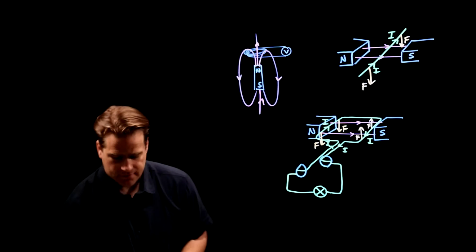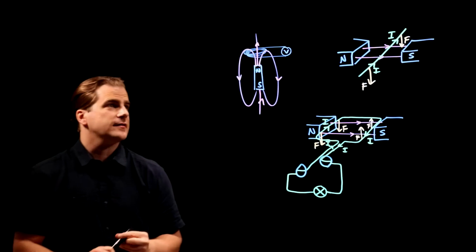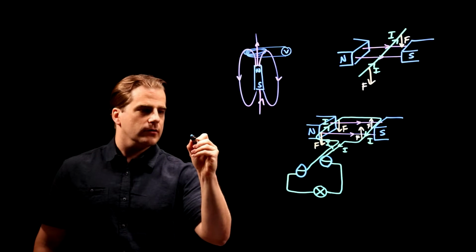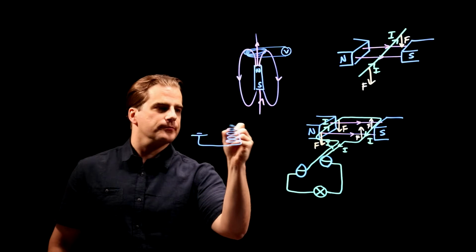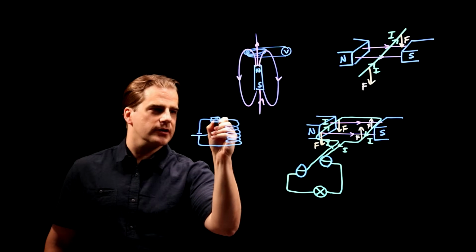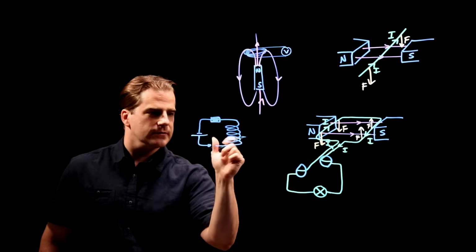But it also means you could have this setup. Okay, you can have a coil here, right? Let's put a resistor in so we don't have a short circuit. And let's add a switch as well. Okay.